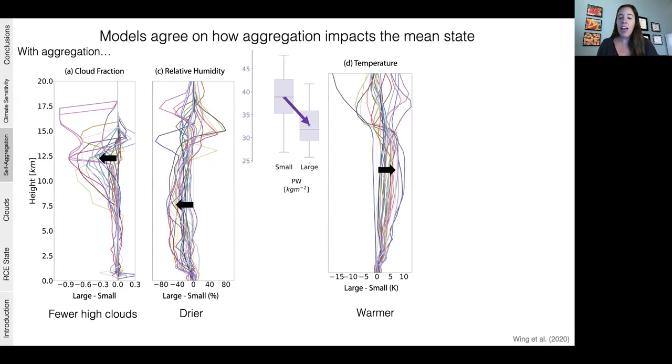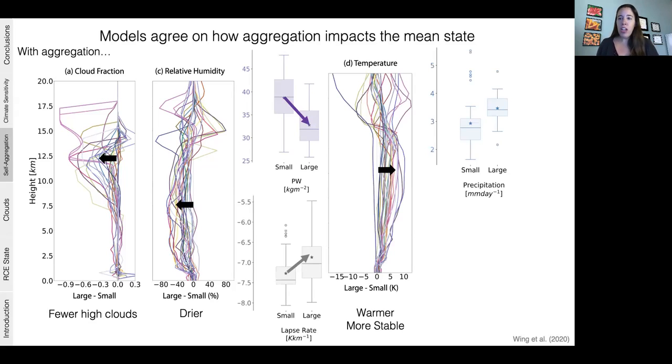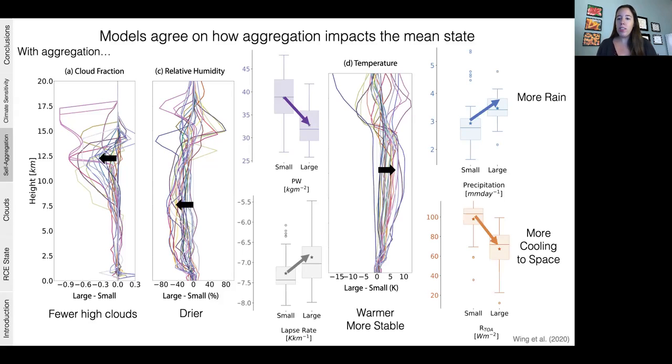We also find that the aggregated simulations are warmer, and consistent with that, have a more stable lapse rate. We additionally find that the large aggregated simulations have more rainfall, consistent with greater atmospheric radiative cooling, and they have more cooling to space, and so they have less net incoming radiation at the top of the atmosphere, meaning more cooling to space.